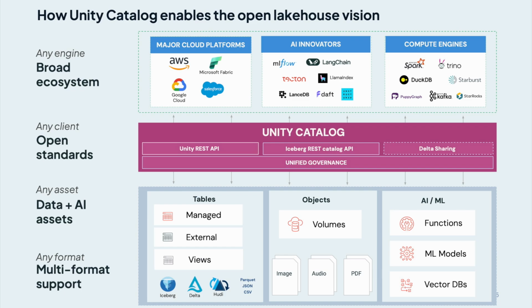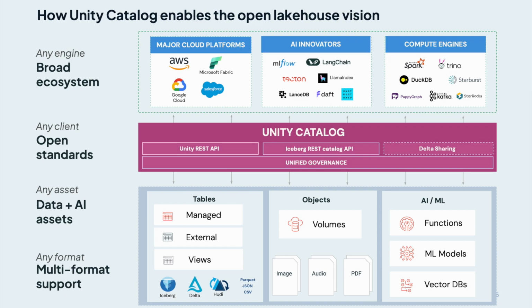We want to make the open lakehouse a reality, and the way Unity Catalog enables that is by providing multi-format support, supporting tables, different table formats, and different AI/ML assets, and exposing that through the Unity REST API, which natively supports all these formats, but also through other standard interfaces like the Iceberg REST Catalog interface, which is used for tabular assets, and Delta Sharing for sharing.